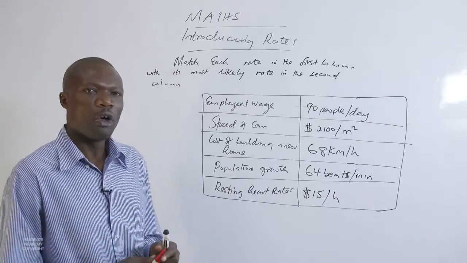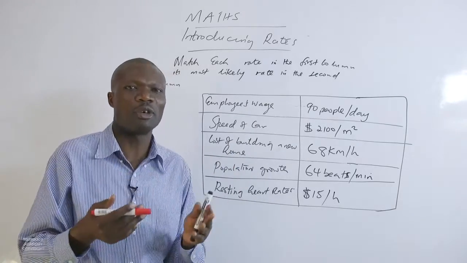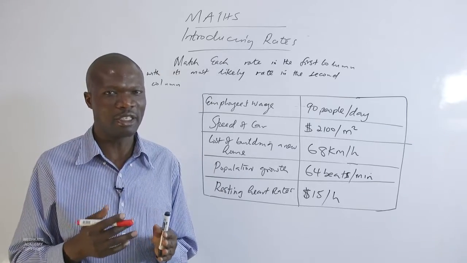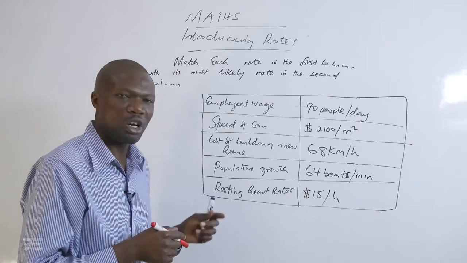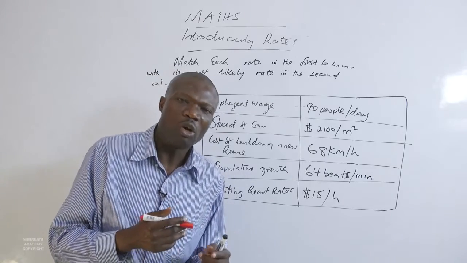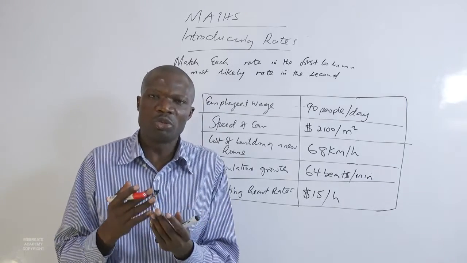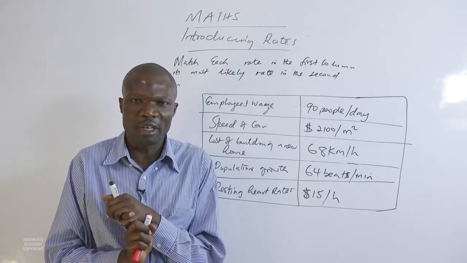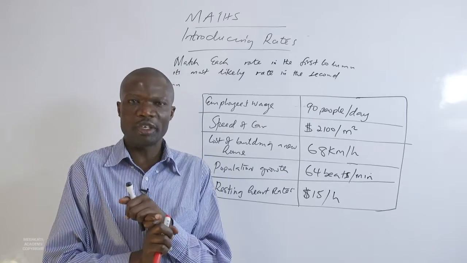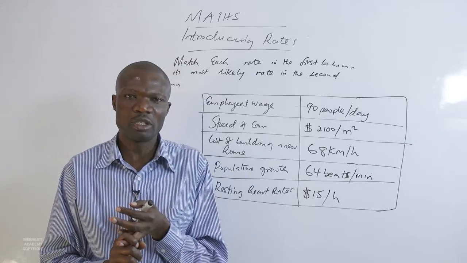Now, here, we shall consider the situation in the first column and try to understand clearly what it simply means. When we talk about employees' wage, we are looking at how an employee earns. Employees usually earn at the end of the month, which we call salary. It could be after some little time, which we call wage.